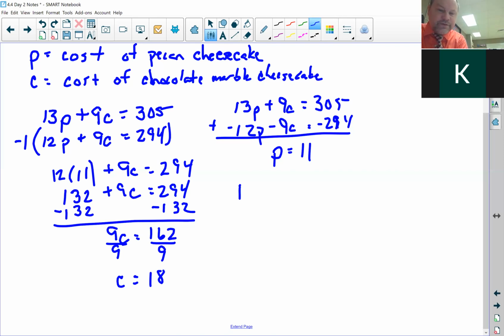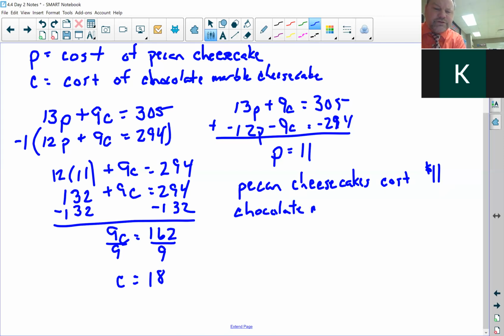So pecan cheesecakes cost $11. Chocolate marble cheesecakes cost $18.